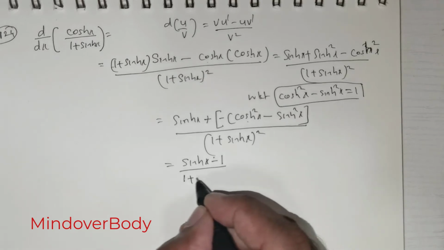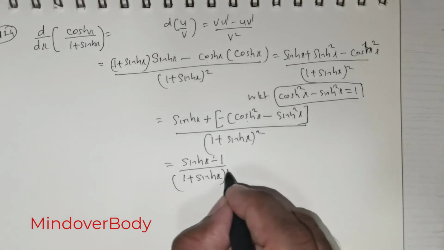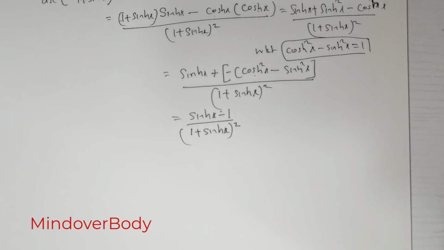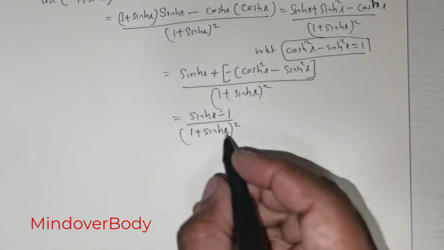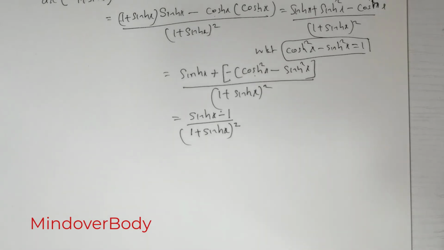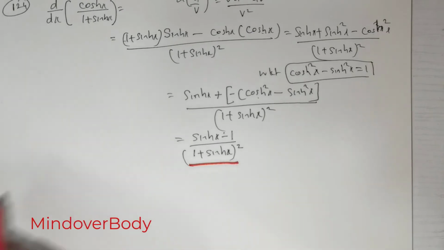Of course I would not be able to do anything. I will have to just stop there. 1 plus sinh x whole square. That's the best we can do in this case. I don't think we can reduce it any further. So this is a good place to draw our red line as far as this question is concerned.